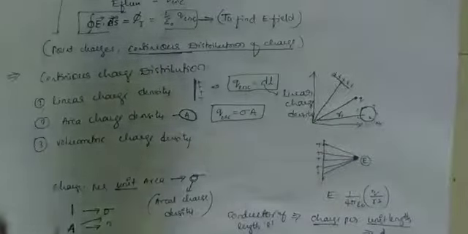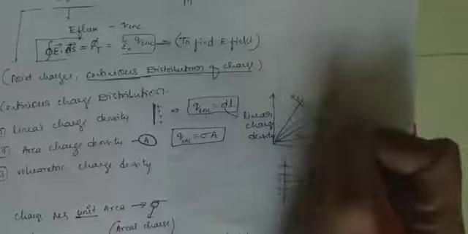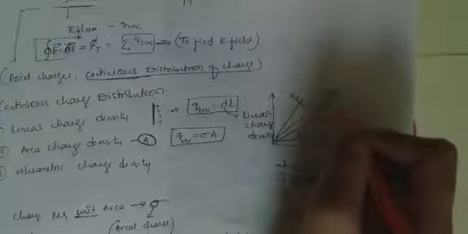Now for the volumetric charge density, let us take one cuboid like this. This is 3 dimensional, so here we have to take the volume.